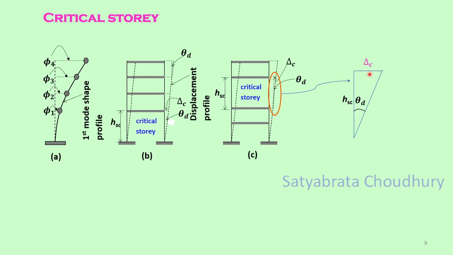So delta C, how do we get this? From this triangle which is having a height of HSC. So theta D into HSC gives you the delta C, the critical story displacement. So this is the formula, delta C equal to theta D into HSC. Identify the critical story and apply this formula to get the critical story displacement.